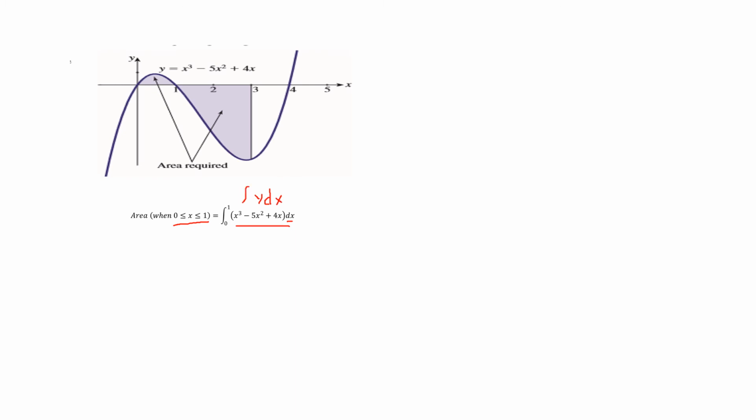So I'm going to do the first one, which is on the curve of, this is 1. So this piece I'm doing first, and after that in the next one this will be done. So table of integrations, plug in the limits, and it comes 7 by 12. And note that this is plus.